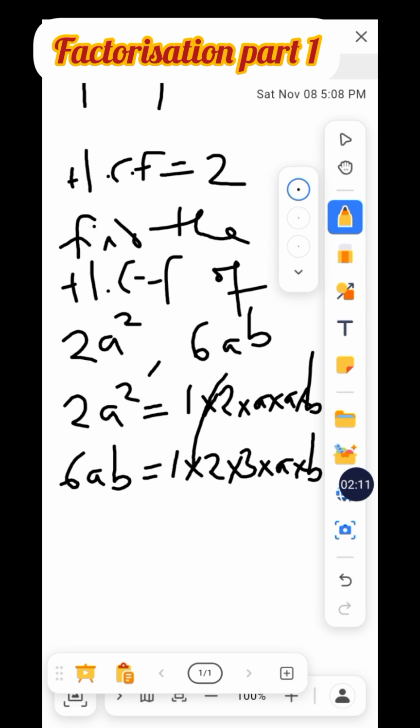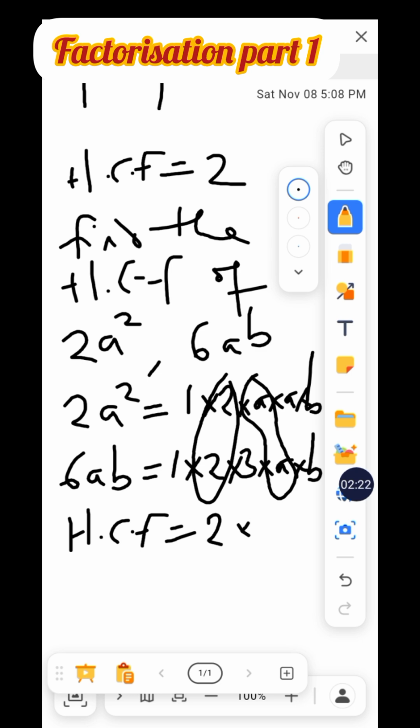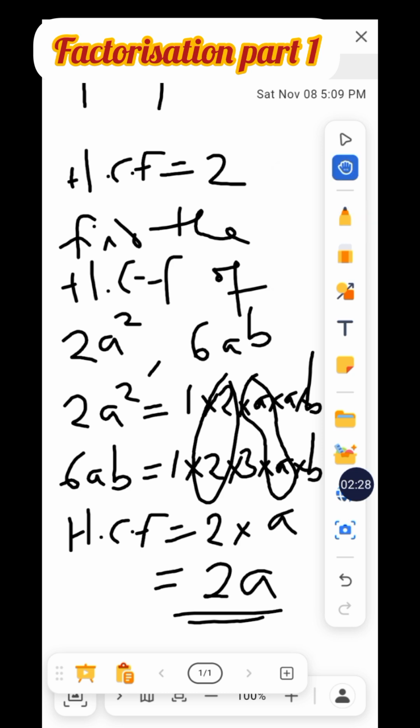We look for what is common, so we have 2 and we have a. So the HCF is 2 multiplied by a, so HCF is 2a.